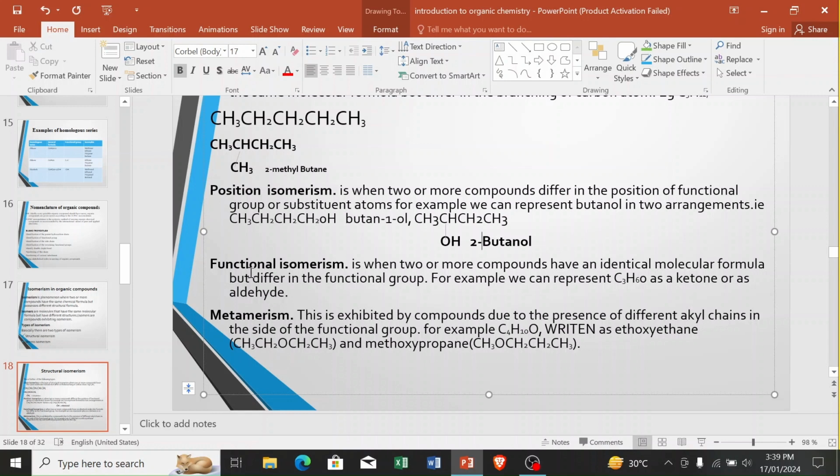So we have functional isomerism, which is when two or more compounds have an identical molecular formula but differ in the functional group. For example, we can represent our C3H6O as a ketone as well as an aldehyde. Ketones have a carbon to oxygen double bond, and aldehydes also have a carbon to oxygen double bond bonded to a hydrogen atom.